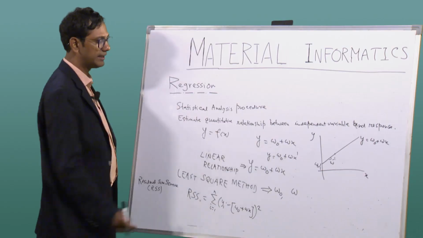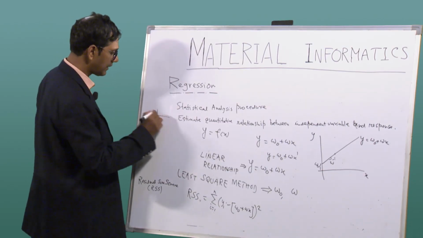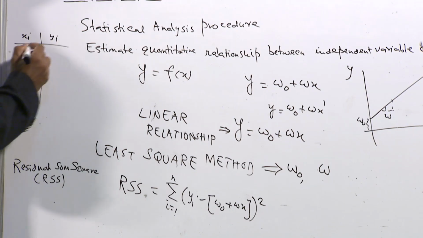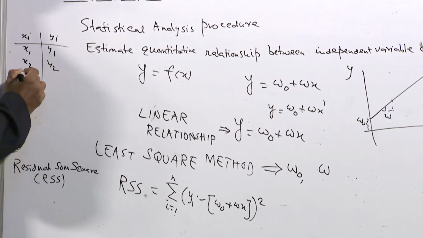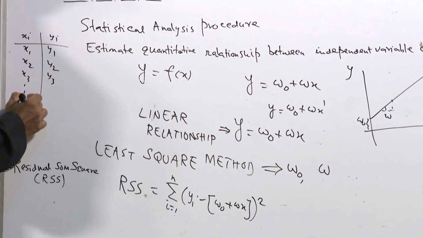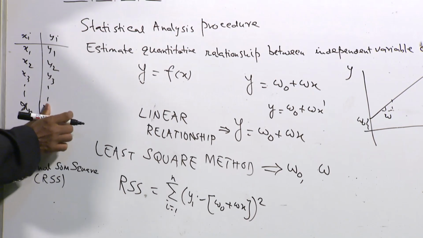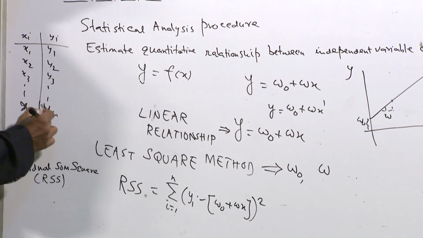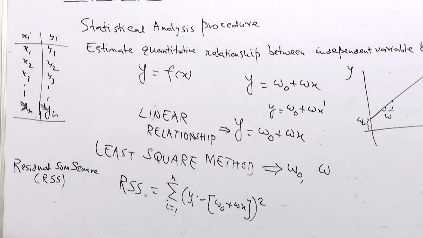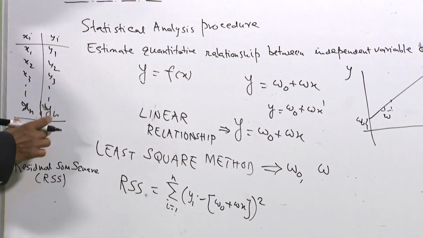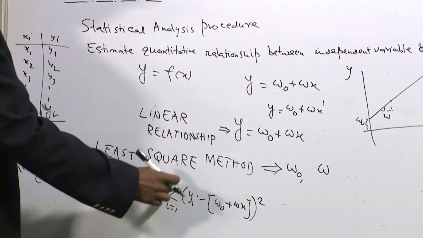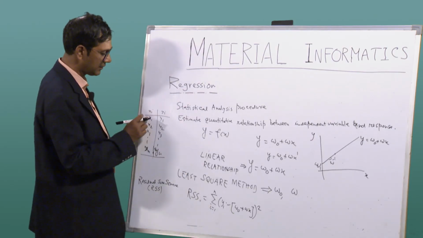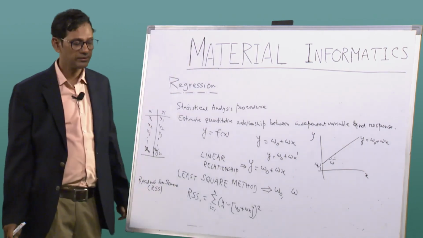Because we have data in terms of x and y: x1, y1, x2, y2, x3, y3, and it goes on to xn, yn, correct. These are my data that I am using for fitting the model. So, that is why I have to sum it over each value of i.